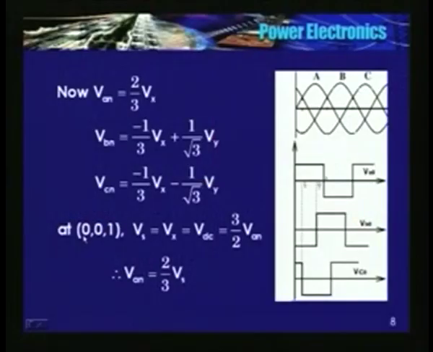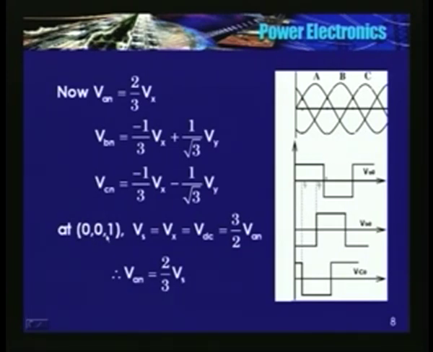See, I will show you, this position corresponds to 0, 0, 1, somewhere here. See here, this is a 180 degree conduction, VA0, VB0, VC0, and these are the 3 phase sinusoids.